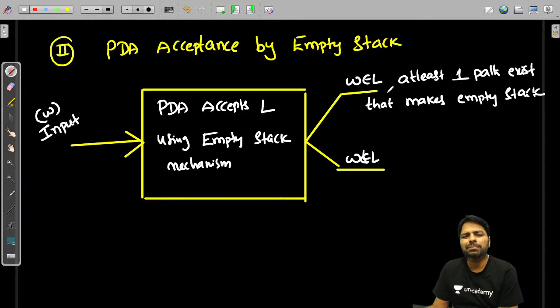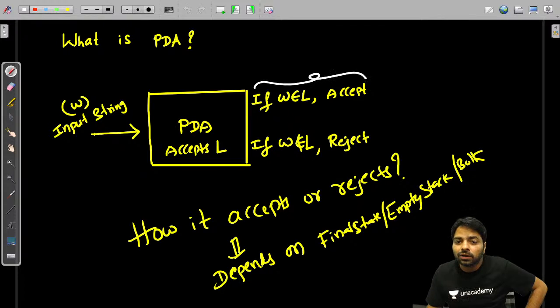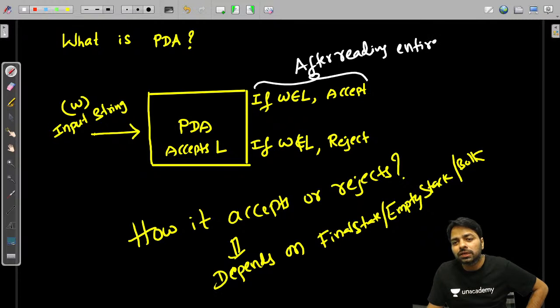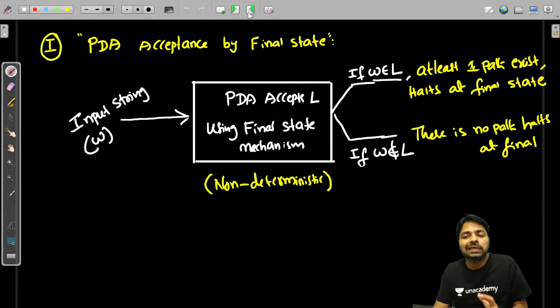Whenever the stack is empty using any path after reading the string, never forget, remember all these definitions, after reading the string. After reading the entire string only we should decide whether it belongs or does not belong. Without reading the string you can't decide whether it is accepted or not.